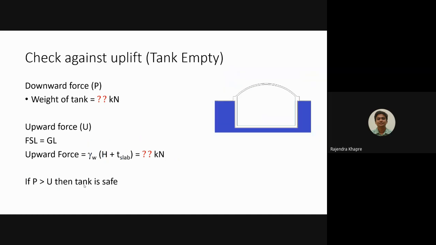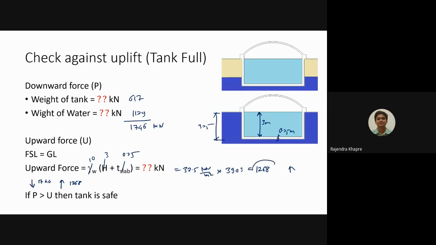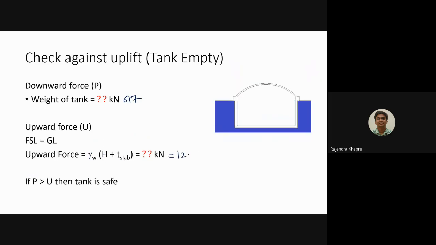When tank is empty, the only downward force which is acting is 617. That is the self weight of the tank. बराबर है? And the upward force we have just calculated is 1268. So basically the downward force is 617, but the upward force is 1268.